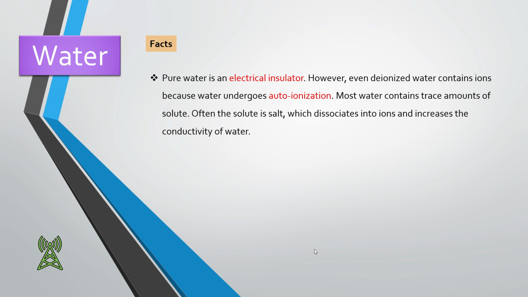Pure water, this we will never see in our pharmacy or in pharmaceutical production, because we never use this kind of water. Pure water is an electrical insulator. Maybe someday, but I have never used it. However, deionized water contains a few ions also, and sometimes it undergoes autoionization also.